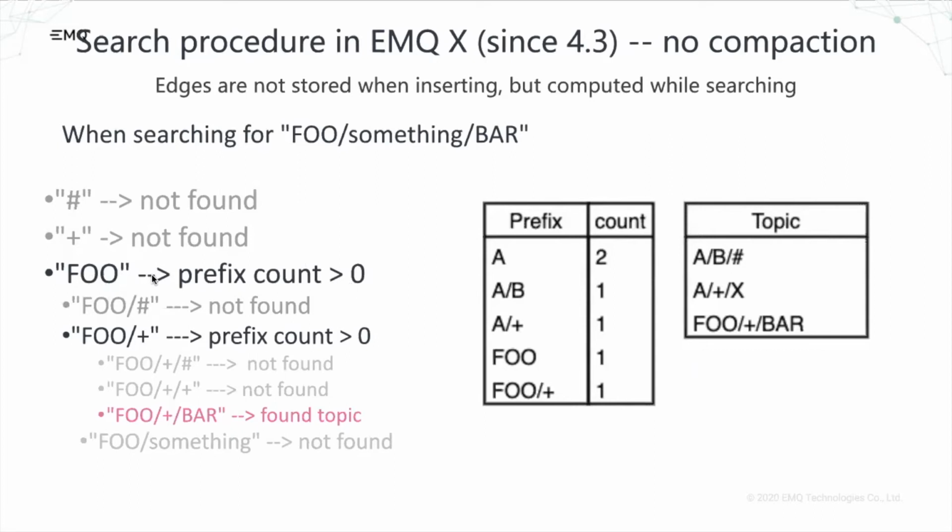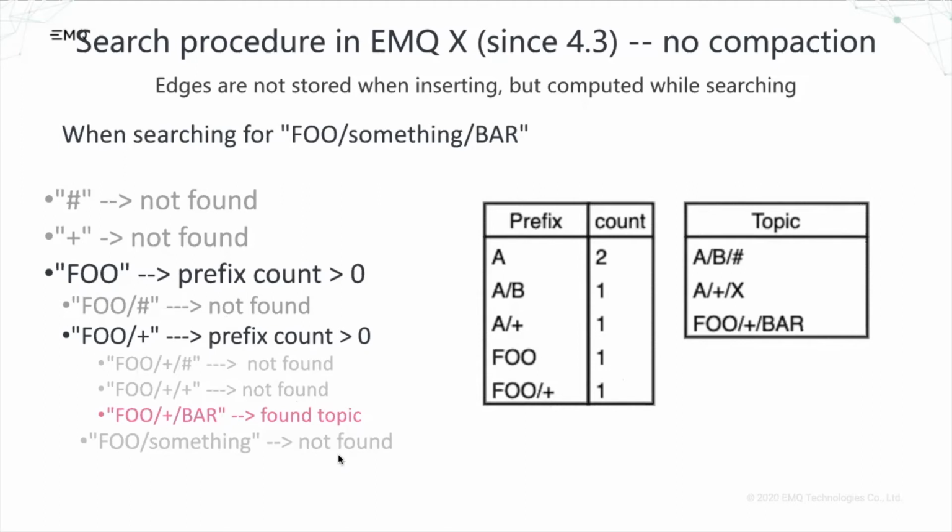So it can continue to try to match foo hash and foo plus. Foo hash not found, foo plus finds there's 1. Then it tries to match the next level, hash and plus. Nothing can be found here. And then finally it finds a topic with foo plus bar.